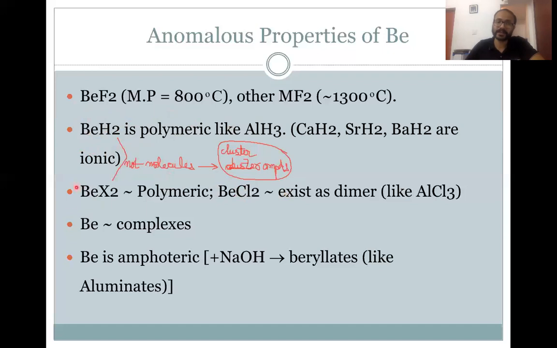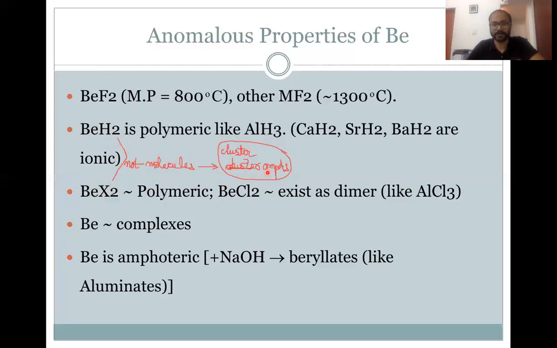Why they form these polymeric compounds is what we are going to discuss in the live session, where I will talk about the bonding and why these compounds are electron deficient, and why there is a need for them to come together. Such compounds, which do not exist as a molecule but rather as a cluster of molecules, come under the category of cluster compounds.